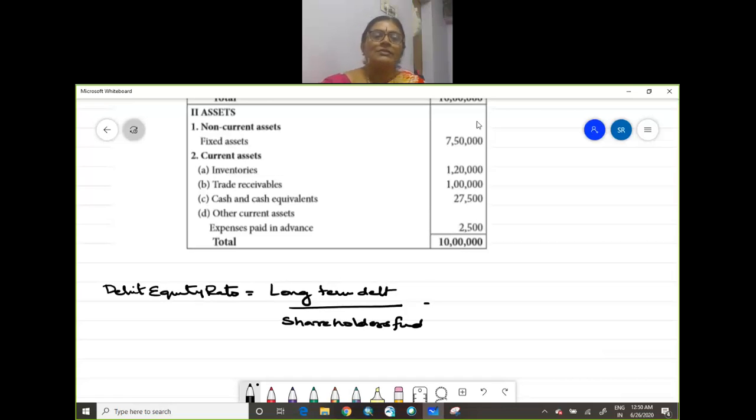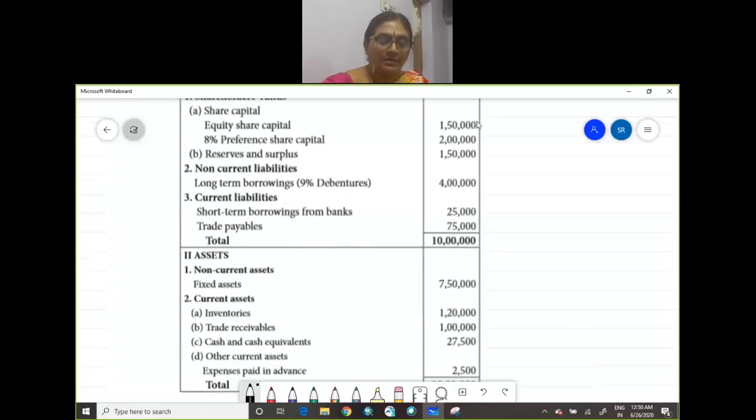First let us find out what all the long term debt is. All your things are here. Long term debt, you have your debentures, which is 4 lakhs long term debt.